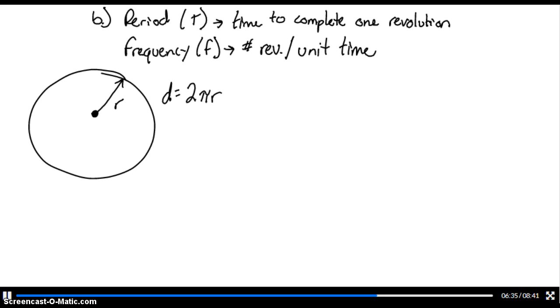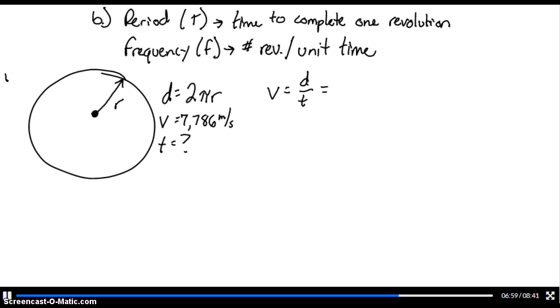We know our velocity is equal to 7,786 meters per second. That's what we saw earlier. And we want to know the time it takes to go a full 2 pi r, one full rotation around the Earth. So we remember a good old friend, velocity is equal to the distance divided by the time.